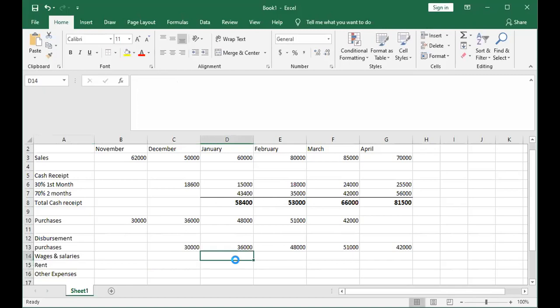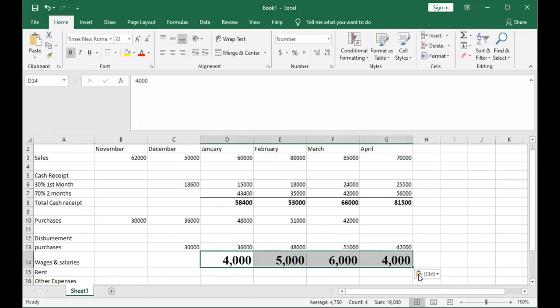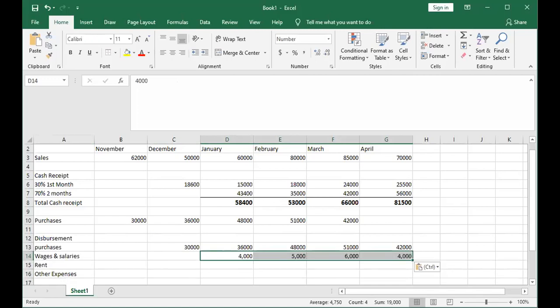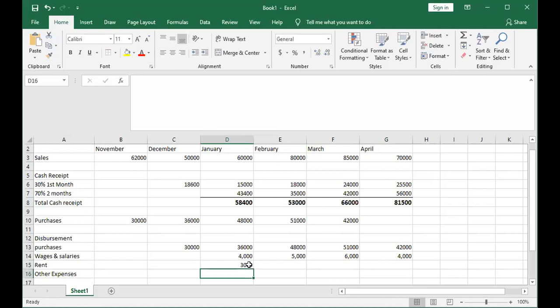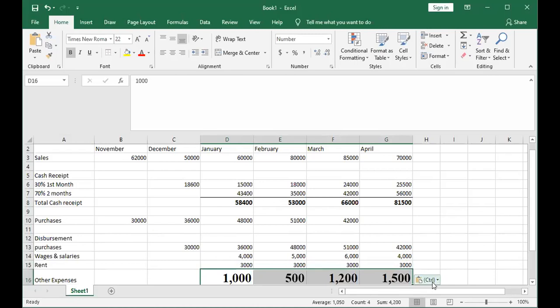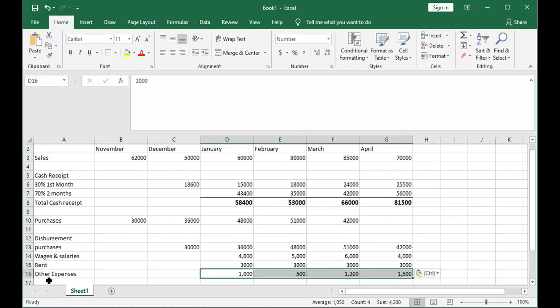Wages and salaries. Rent is 3,000 ringgit, applicable to all months. And other expenses. So these wages, rent, and other expenses are the same as in the question.